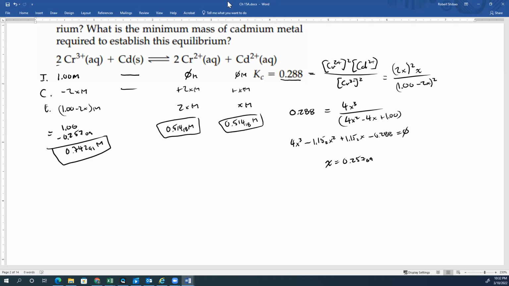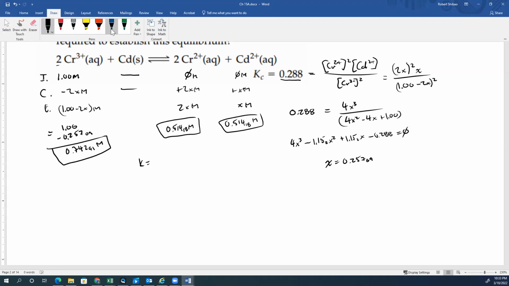Okay, I want to carry extra digits because I want to double check my K here. So let's double check the K value. And so it's going to be this squared and this to the first, actually. Now, one thing that people get confused with is this. Take a look here. I have this 2 here.